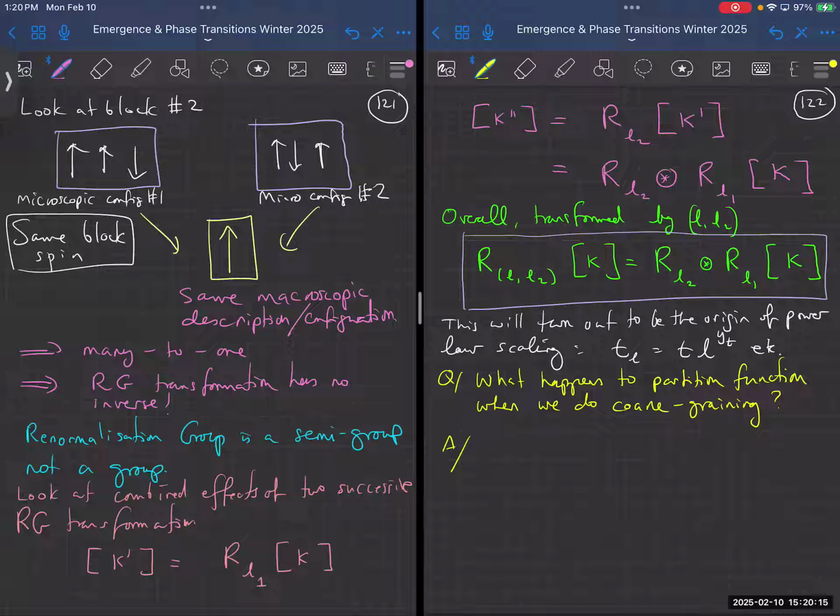So introduce yourselves, say hi. Okay. And so do you think the partition function is going to get bigger, or do you think it's going to get smaller? That's what you guys have got to discuss.